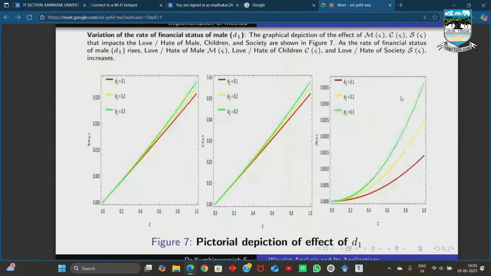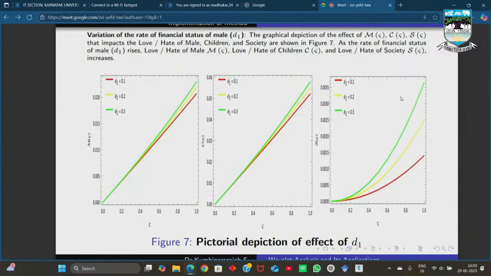And here is the financial status D1, the financial status of the male. When the male's financial status increases, whatever he wants, he can purchase, and obviously he can take care of whatever his family requires.